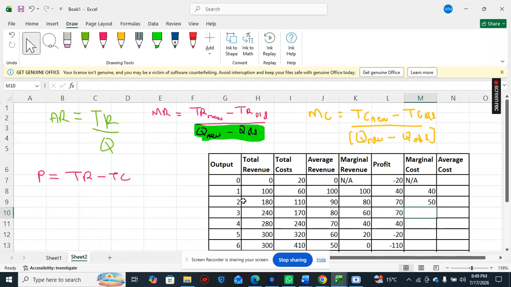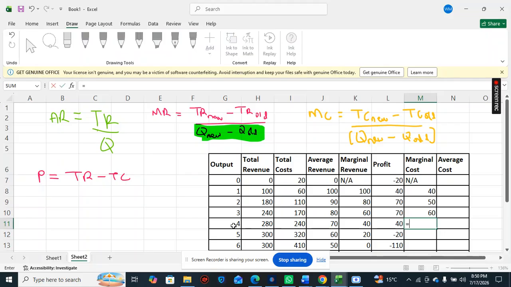So this second unit has brought an extra cost of 50 kwacha. When we produce 3 units, our total cost increases from 110 to 170. So you say 170 new total cost minus 110 old total cost, 60.